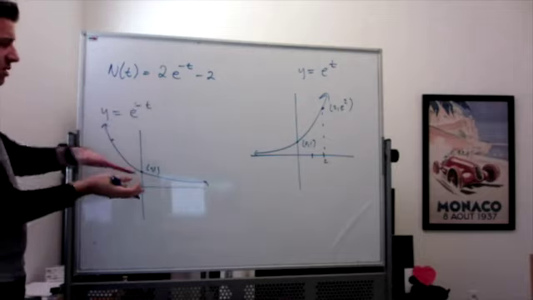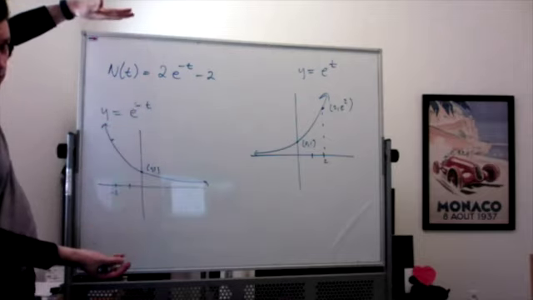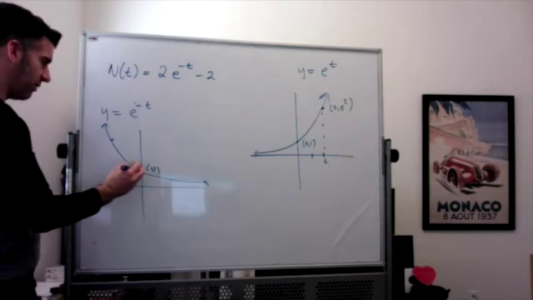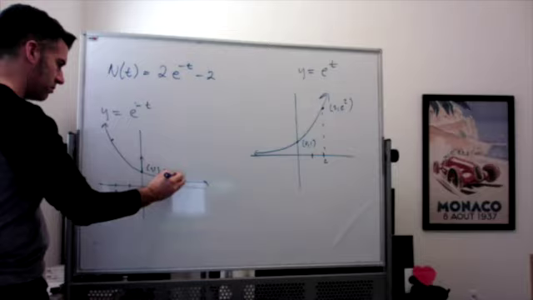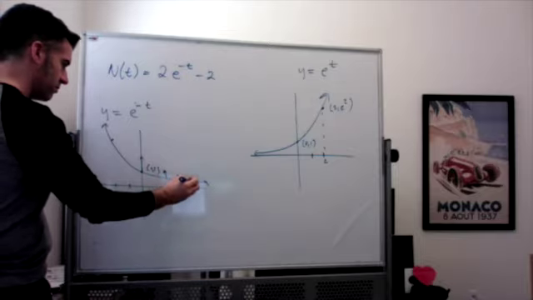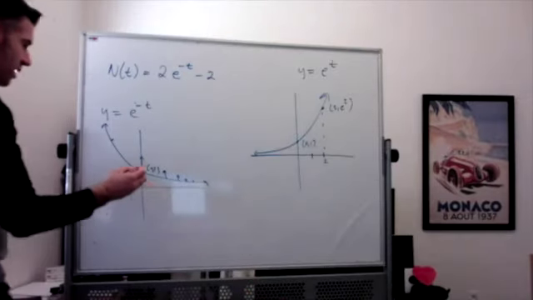The 2 is going to stretch it vertically by a factor of 2. Right, so everything's going to get stretched up by a factor of double. The smaller it is, though, the less it's going to get stretched up. So, right, I'm going to try and do this.